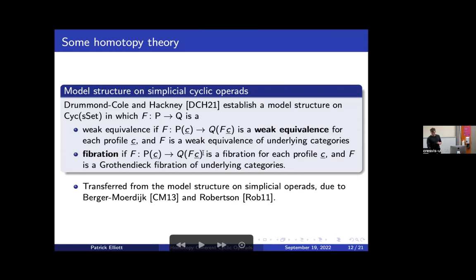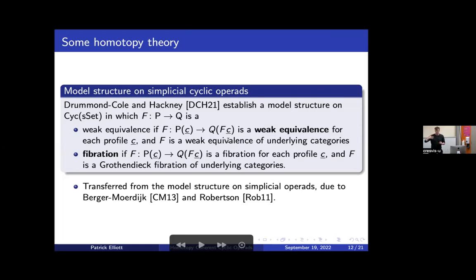Namely, a morphism is a weak equivalence if it's locally a weak equivalence. So for every profile, every list of colors, that space of operations becomes a weak equivalence of spaces, and likewise for fibrations. Also, sorry, I should say, it's a weak equivalence of underlying categories, or a fibration of underlying categories respectively, where I'm being a bit hand wavy about what I mean by underlying category.